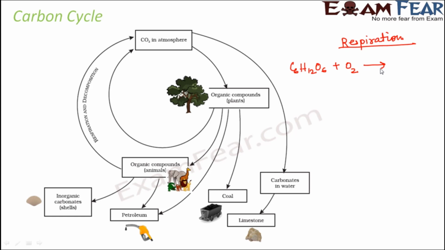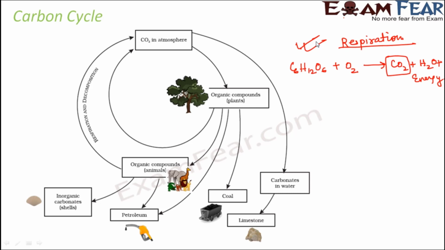That means oxygen is taken in during breathing, and the result is carbon dioxide plus water plus a lot of energy. So this is how we get energy from food. But as a result of this process, carbon dioxide is released into the atmosphere. So respiration is one such process by which carbon dioxide gets added to the atmosphere.